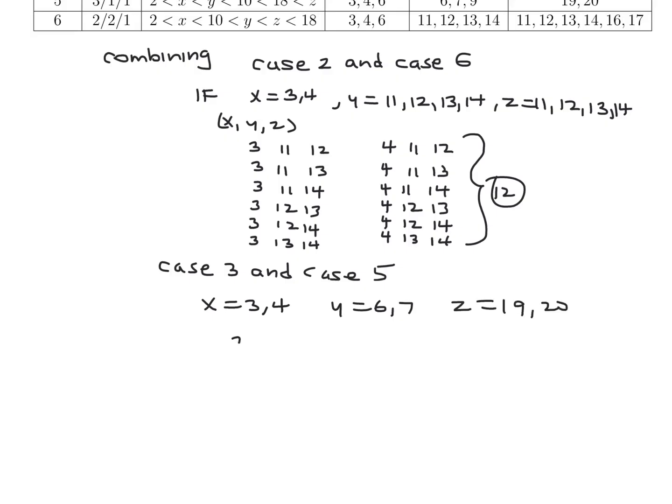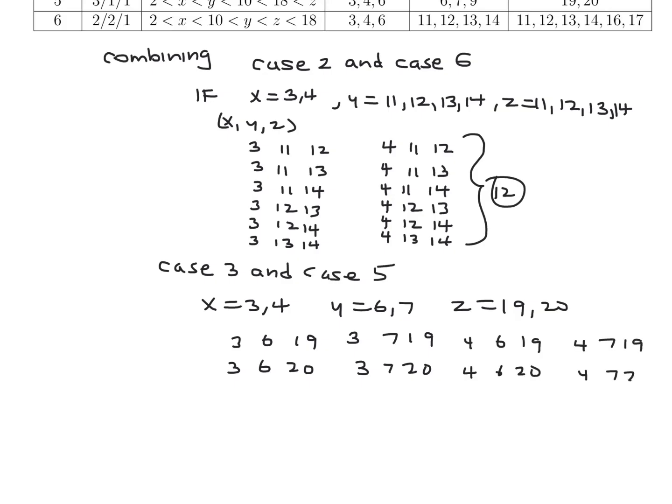So that would make 3, 6, 19; 3, 6, 20; 3, 7, 19; 3, 7, 20. And then you can do the same thing with 4: 4, 6, 19; 4, 6, 20; 4, 7, 19; or 4, 7, 20. And that is a total of 8. So then we get that 12 and that 8 to get the grand total of 20.